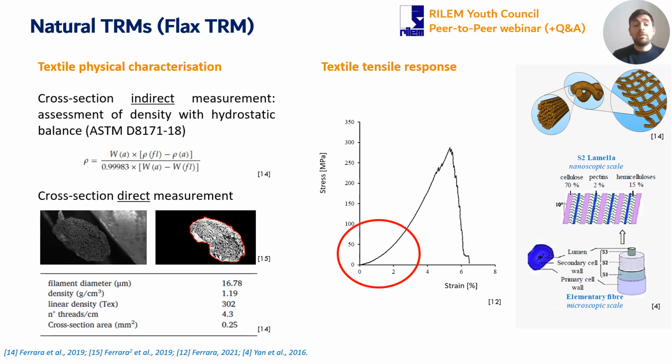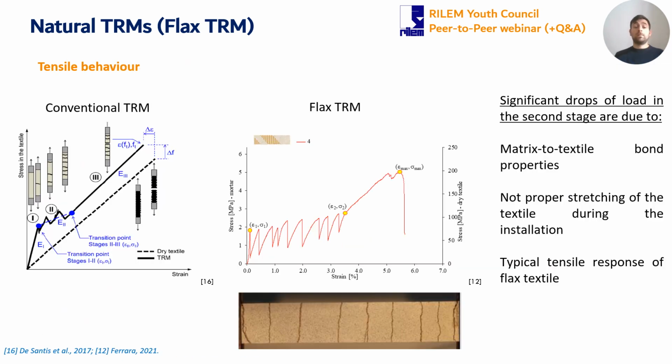This behavior will also have an effect on the macroscopic mechanical behavior of the composites. If we look on the left, we have the response of a conventional TRM. This is basically characterized by a first linear behavior, then a transition phase in which the cracks occur, and then a third stage in which the response is mainly governed by the textile.